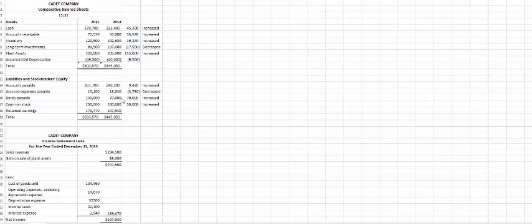Moving on, we can see that our bonds payable has gone from $70,000 up to $140,000. That's a $70,000 increase. And our common stock went from $200,000 up to $250,000, which is a $50,000 increase. In regards to this bonds payable here, same kind of thing applies.